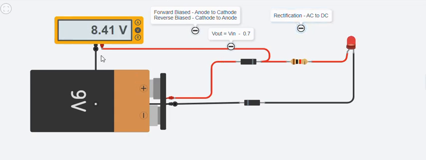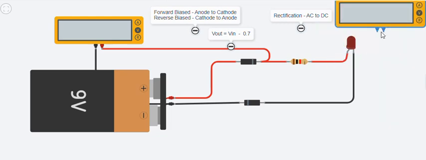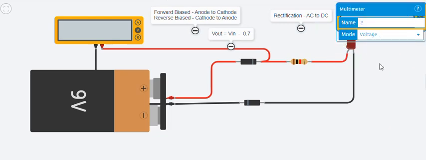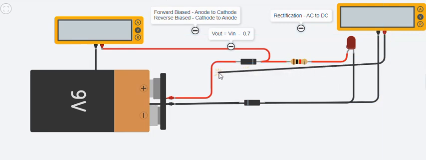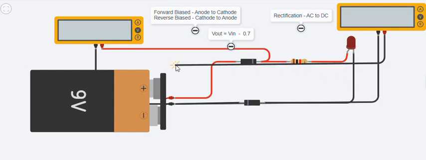So here you can see 8.41, that's a drop of about 0.59, right? Yes. So what you get from that point is different from what you get if you check using another meter; you will realize that the input is more than that. So the input goes straight to the battery, and the other probe also goes straight to the battery.